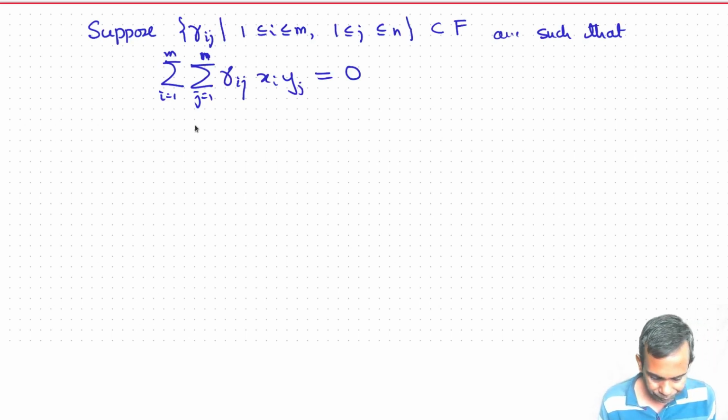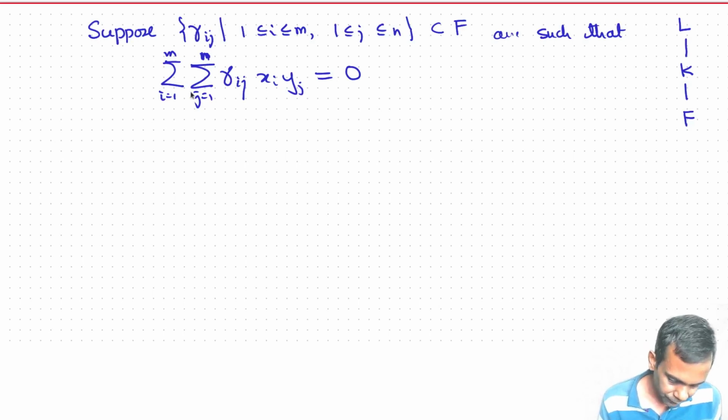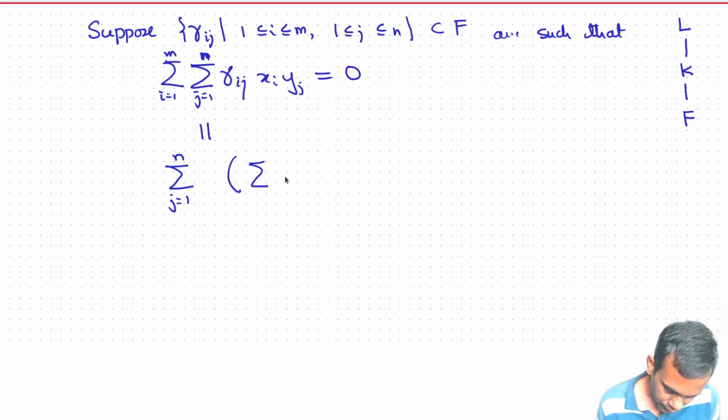So now firstly, just to recall, we have L, and then that's sitting over K, and that's sitting over F. Firstly we will use the fact that y1, y2 up to yn are linearly independent over K. So this sum can be written as the summation j goes from 1 to n of the summation of gamma ij xi, and then times yj.